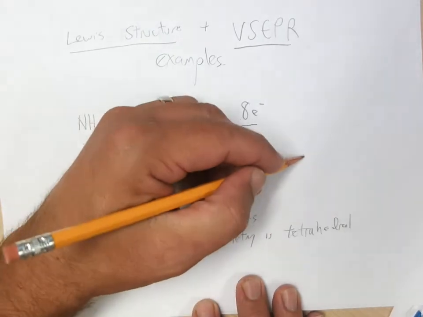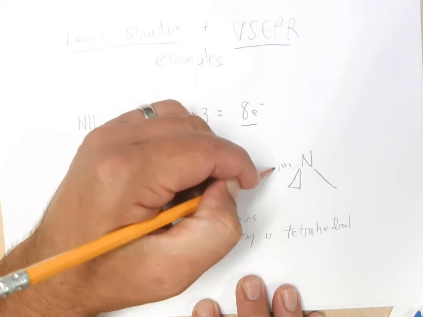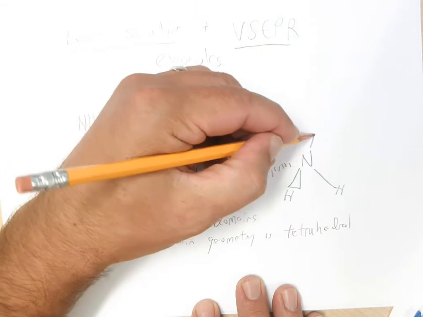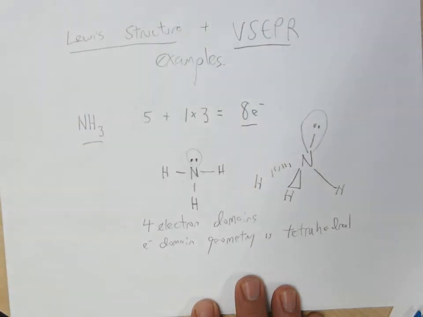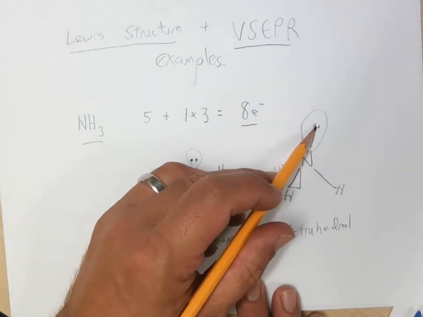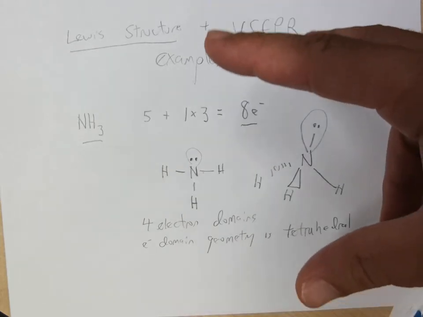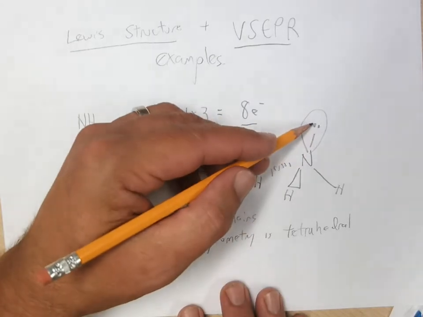And if I wanted to draw this more in perspective, I would use the wedges and dashes to do the sort of tripod of atoms at the bottom, and then put the lone pair on the top. So here's more of a picture of a tetrahedron. And that shows us a little more about the shape of the molecule, because the lone pair of electrons, although it's there and repels the hydrogens and pushes them down towards the bottom of the molecule, is invisible.